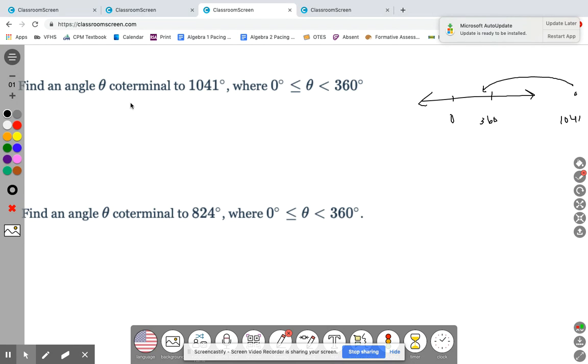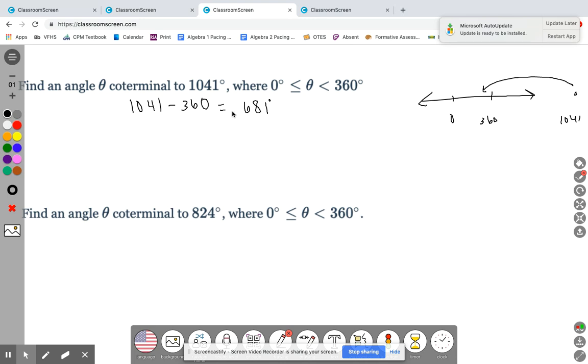So I'm going to take 1041 and I'm going to keep subtracting 360 until I get where I want to be. My first time subtracting 360 is going to get me to 681 degrees.